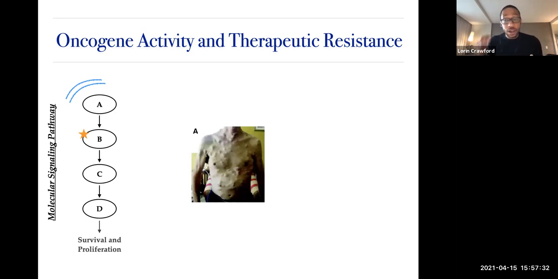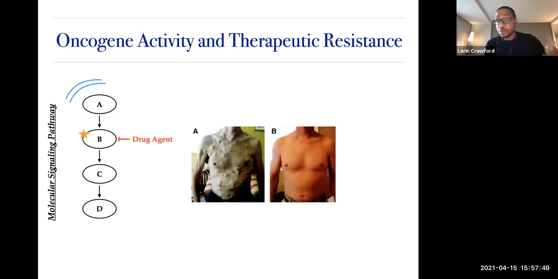Now, in a lot of cancer subtypes we have targeted therapies, right? These agents come in and block the activation of certain mechanisms. In this particular cartoon, we're blocking the activation of B. B's now off, C's off, D's off. Survival and proliferation is no longer happening, and this person looks like they're healed, right?